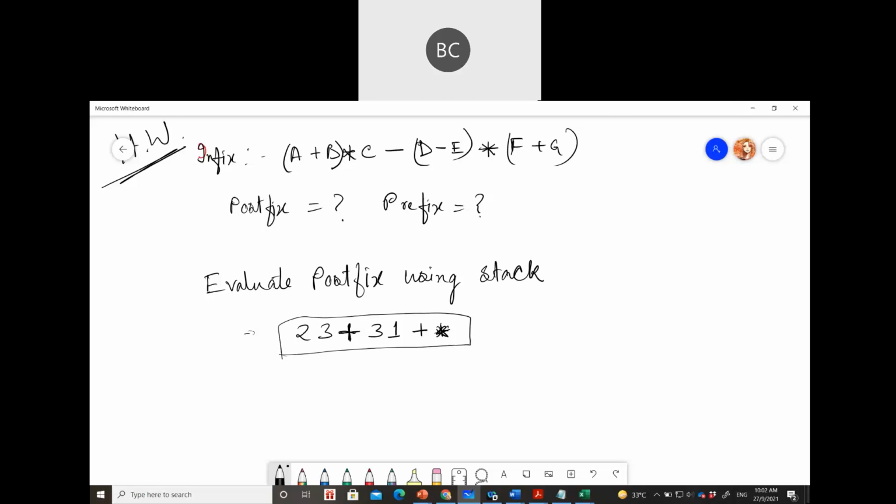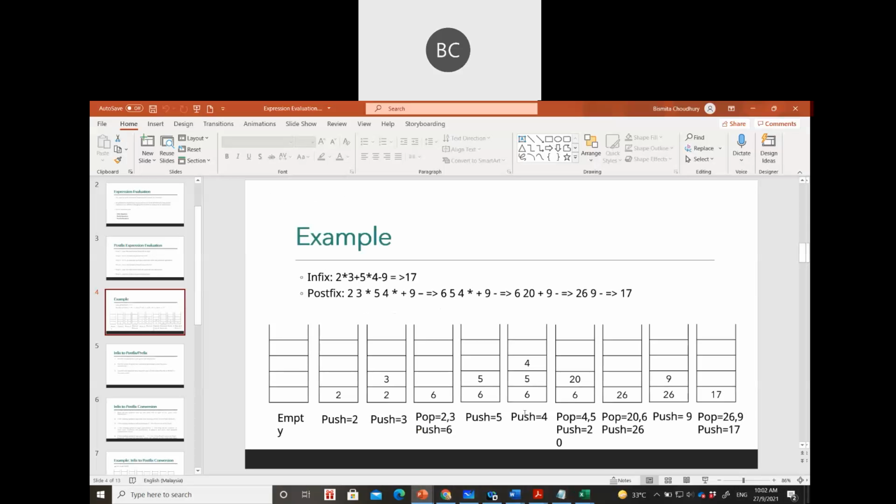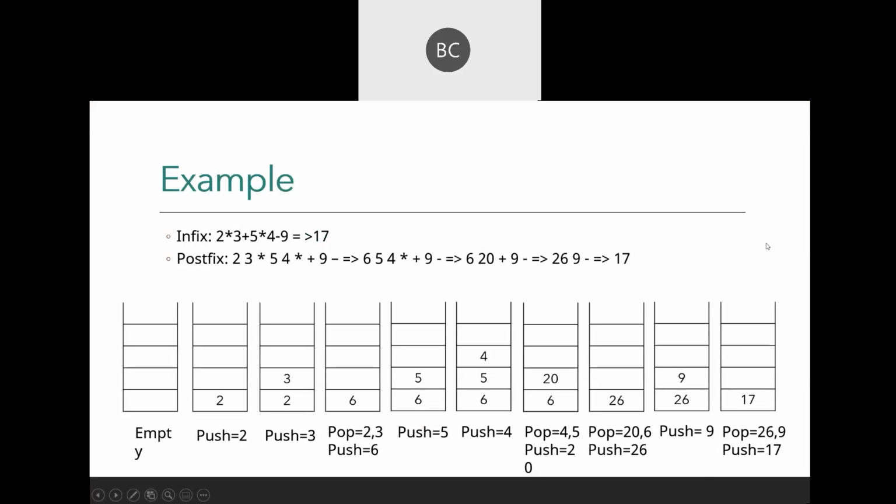Is this clear? This is the example I have shown you guys. If you want, I can explain again how to evaluate. First, the stack will be empty.